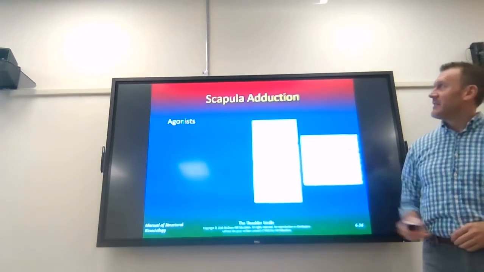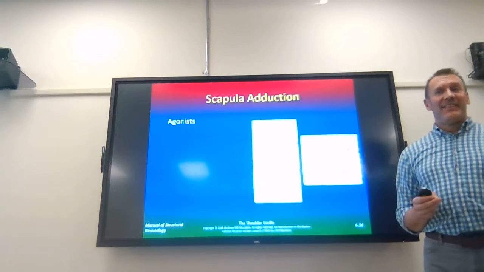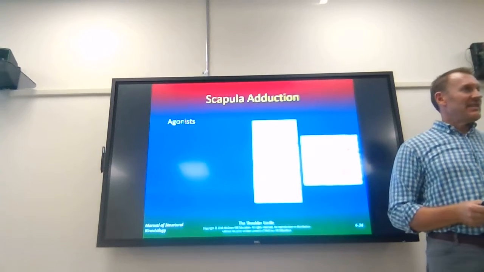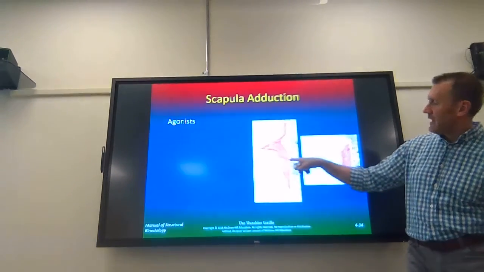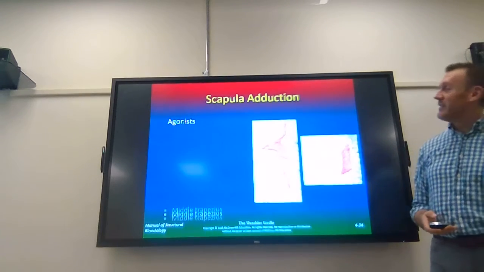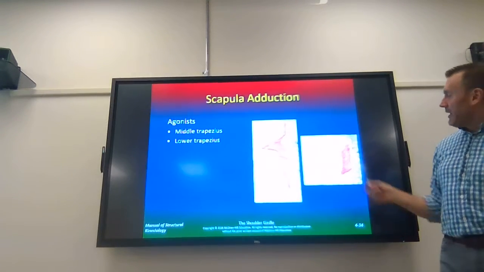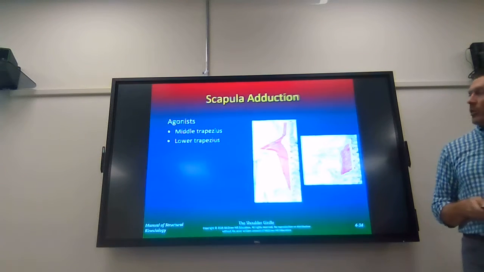Okay. Scapula adduction, what part of the trapezius is most emphasized? Yeah, middle, we could maybe say lower is in there, maybe the upper part of the lower, if that makes any sense. And then what's this right here? Minor and major? Yeah, rhomboids, right.